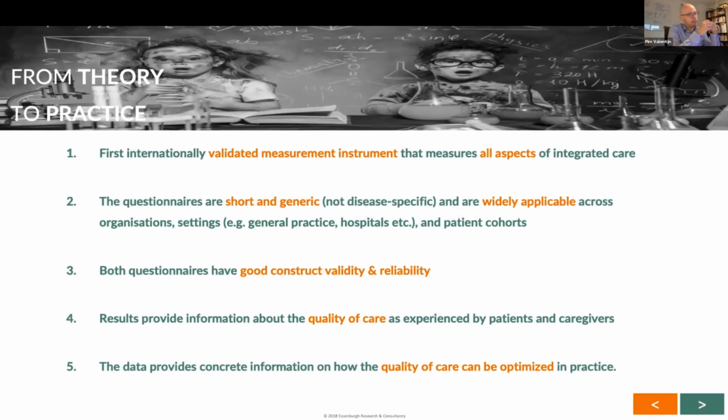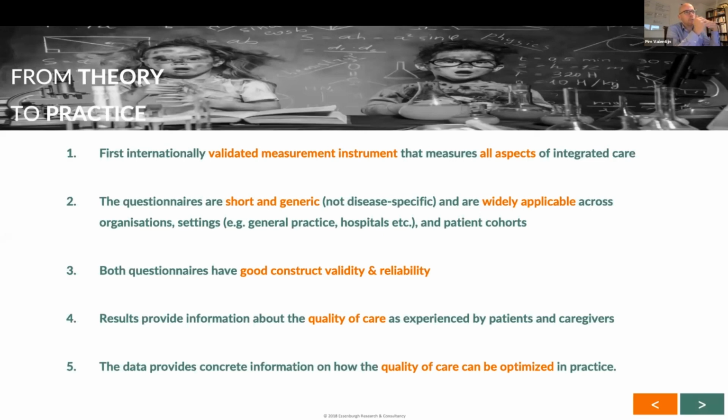So we're now able to see differences between different integrated care approaches. And in terms of using instruments, it's also very fundamental that you use solid instruments with good construct validity and reliability. The instrument I presented to you also has very good construct validity and reliability. So you know what you measure by the end of the day.